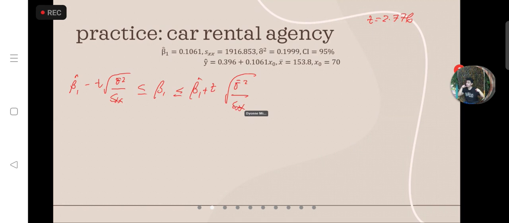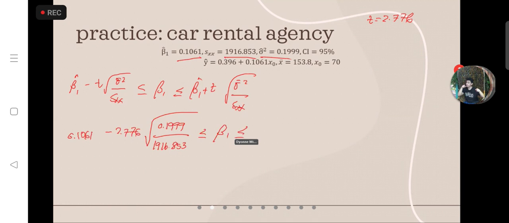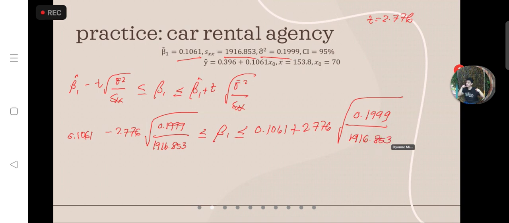So our b hat 1 is 0.1061 minus 2.776 times the square root of our estimated variance 0.1999 over sxx, which is 1916.853, less than equal to b1 less than equal to 0.1061 plus 2.776 square root of 0.1999 over 1916.853. What is the confidence interval for the slope?